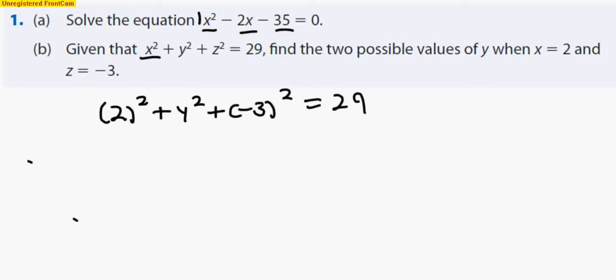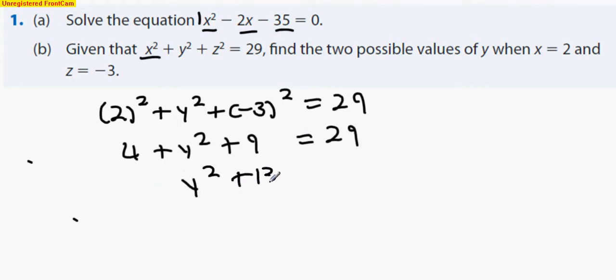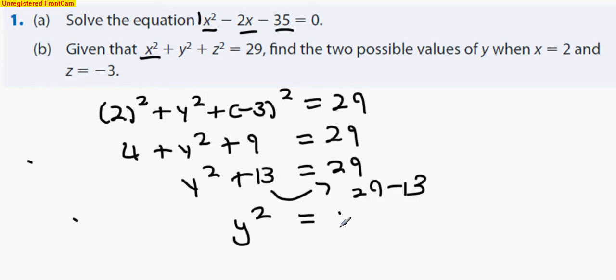Put into the calculator, what we get is 4 plus y squared plus 9 equals 29, and so y squared plus 13 equals 29. Bring the 13 over to the other side: y squared equals 29 minus 13, which is 16.